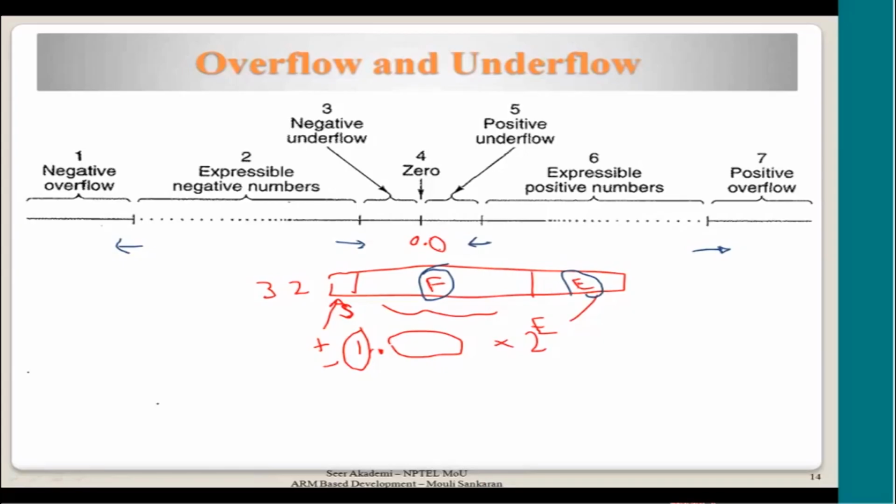Of course, it's not possible. So there is a limit. Now, how do I reach those limits, and how do I know that I have reached a limit? Using both this fractional part and exponent part, when I am representing a number, plus or minus, I get into one of these ranges.